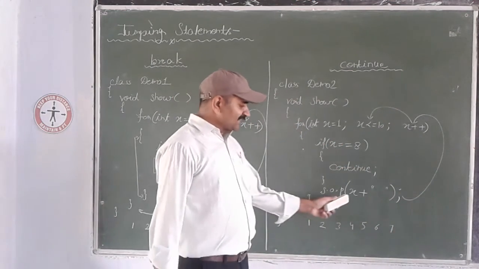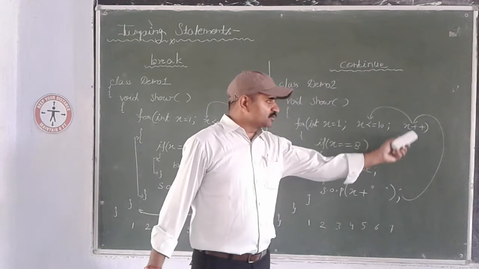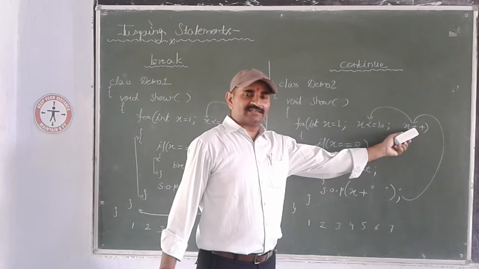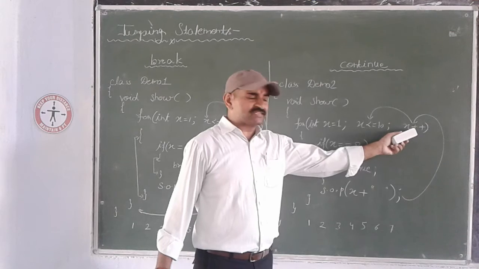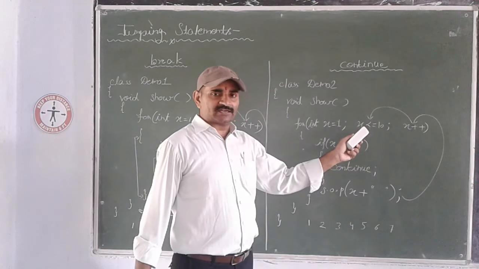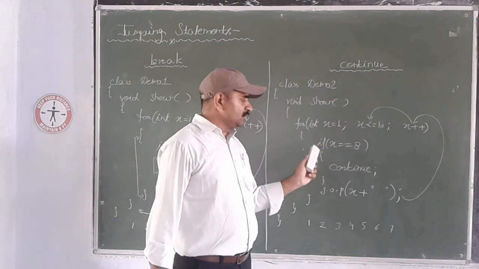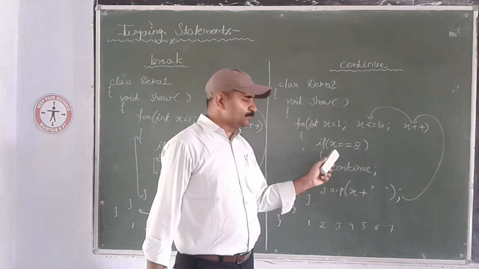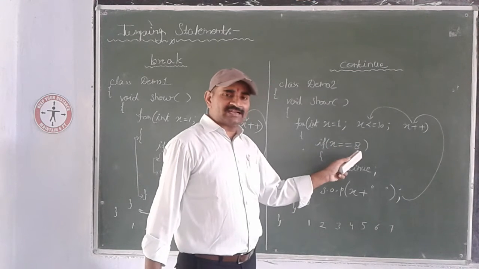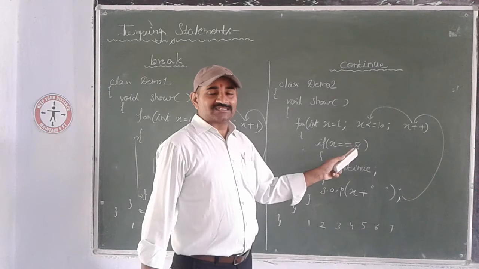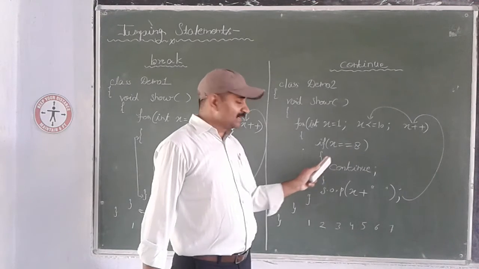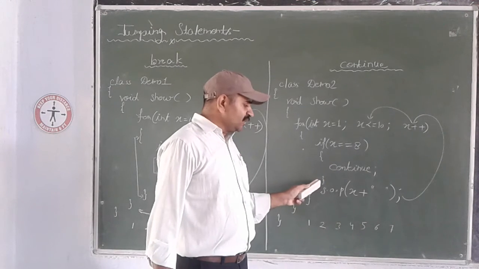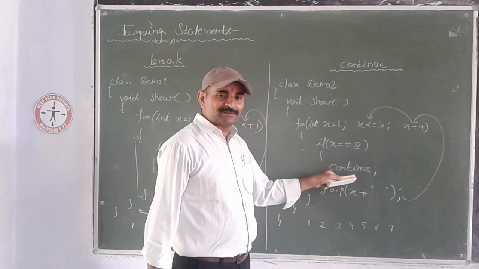When 7 is printed, control goes to the updation part. x plus plus, x becomes 8. 8 is less than or equal 10, condition is true. Now control moves in the body of the loop. Here 8 is equal 8, condition is true. Since condition is true, control takes place in the body of if. In the body of if, continue statement is there.